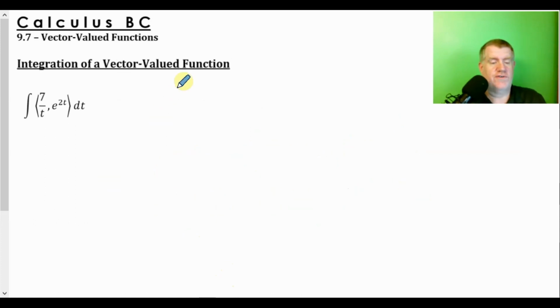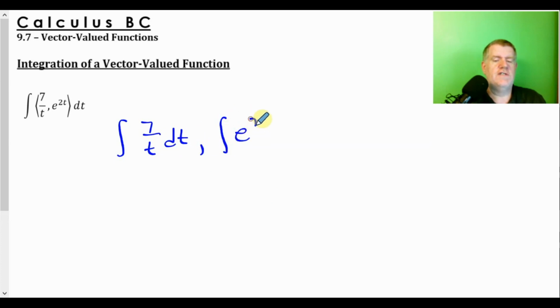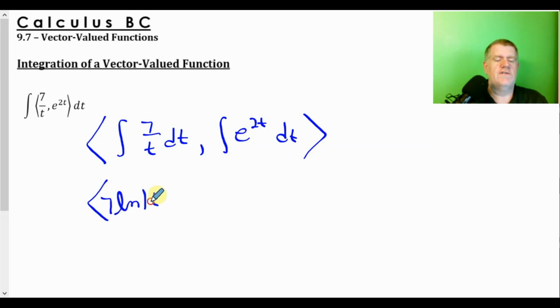Same with integrals. This is the integral of 7 over t dt, and the integral of e to the 2t dt in vector form. So this would be 7 natural log of the absolute value of t plus a constant. And what is this? 1/2 e to the 2t plus a second constant.